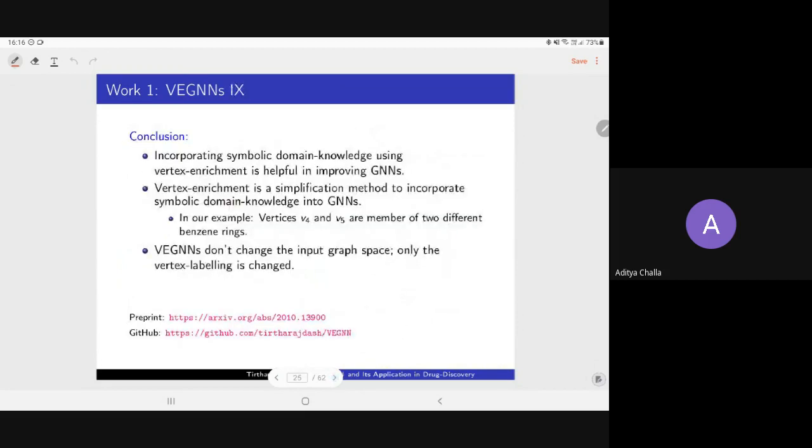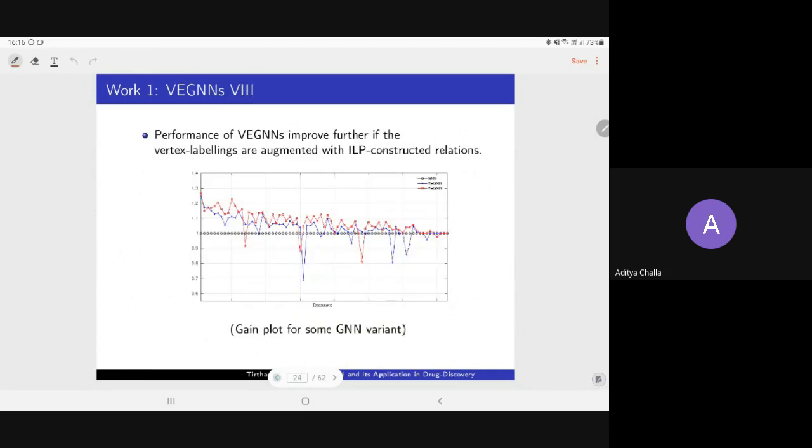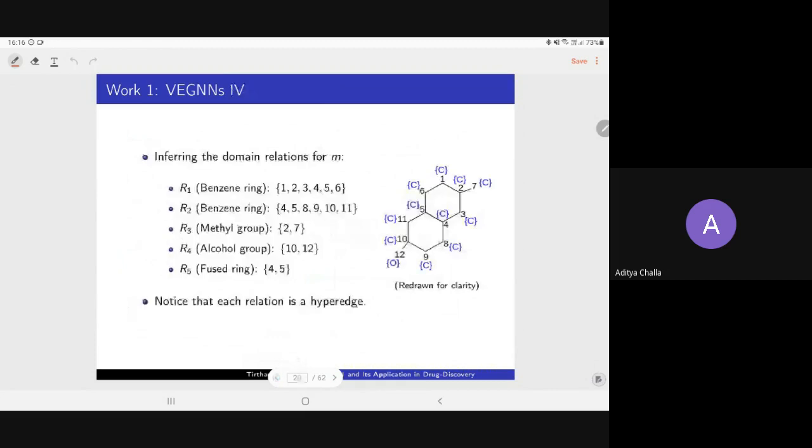Okay, so the conclusion was that this idea of Hagen is a very simple idea. What we used to do is incorporate the domain knowledge available in the background knowledge into the vertex labels.